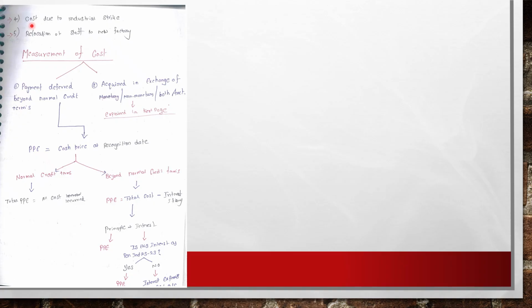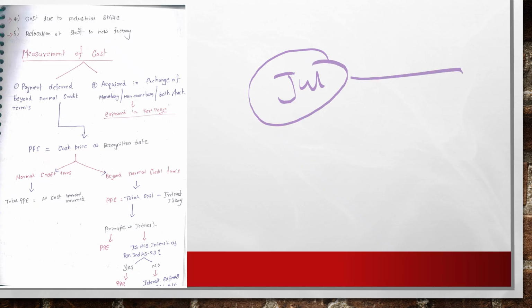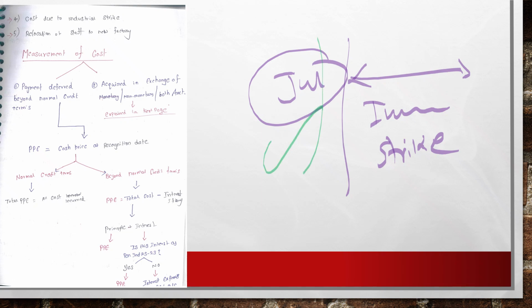And then the cost due to low demand or industrial strike. Sometimes you have constructed your asset in July and there is an industrial strike for 3 months, so you couldn't use it because of the strike. But the intended purpose was achieved in July itself.